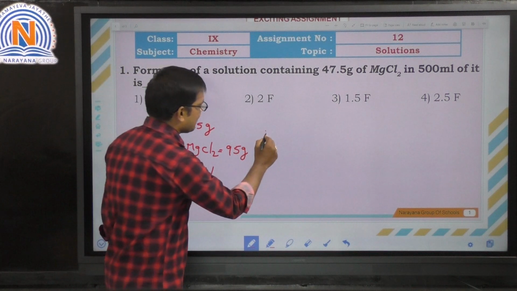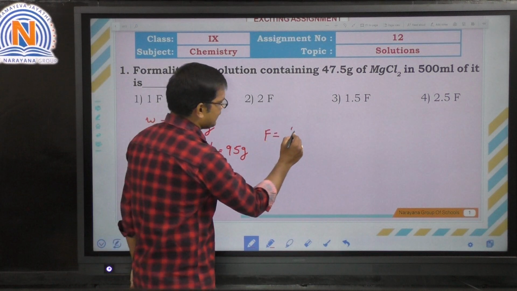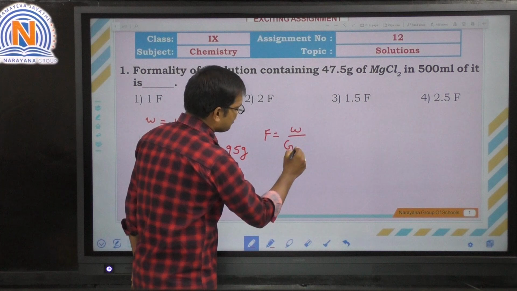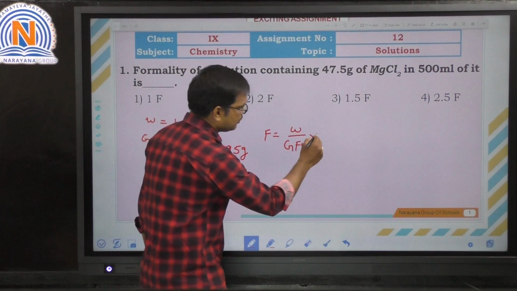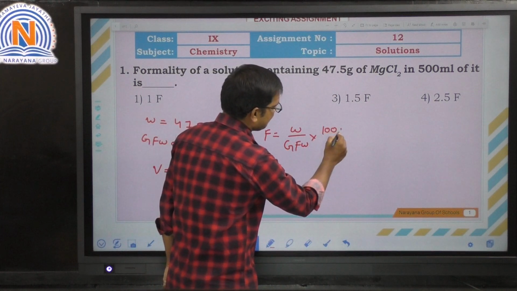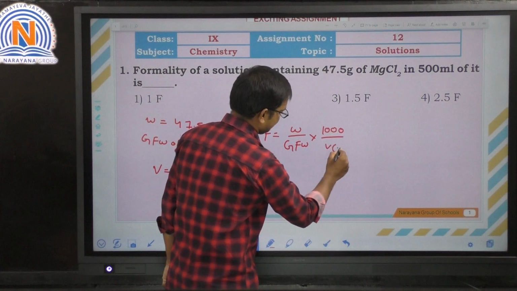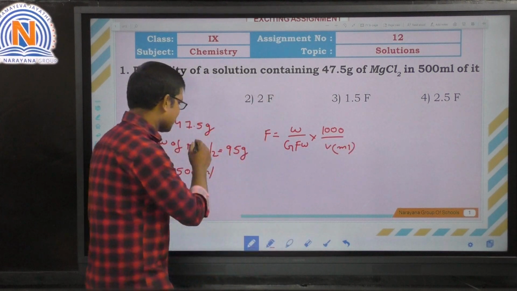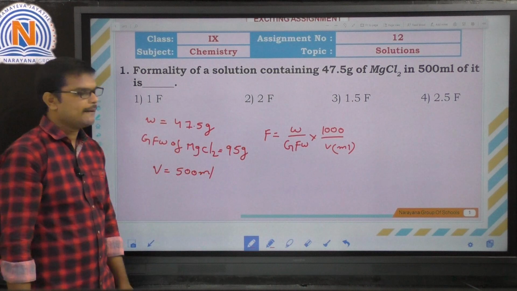So formality equal to weight by gram formula weight into 1000 by V in ml. So substitute all these values in this formula.